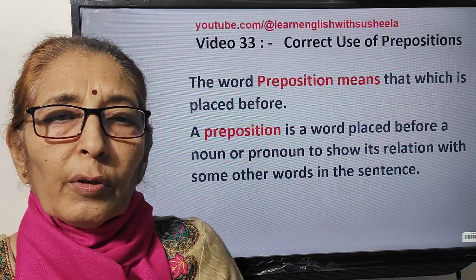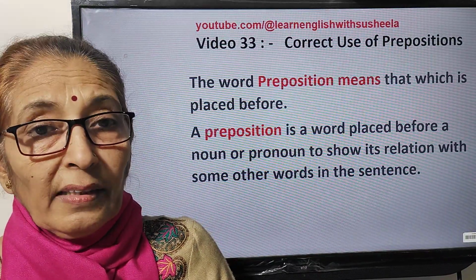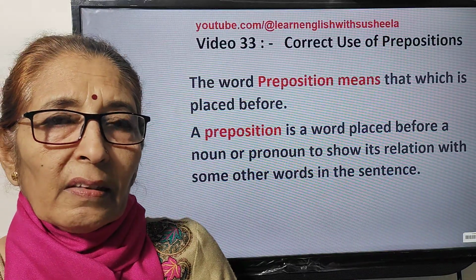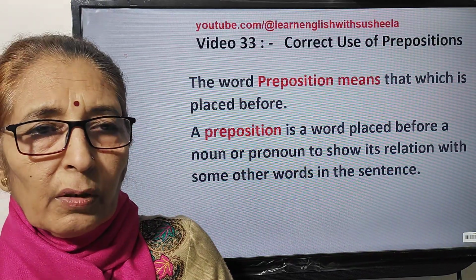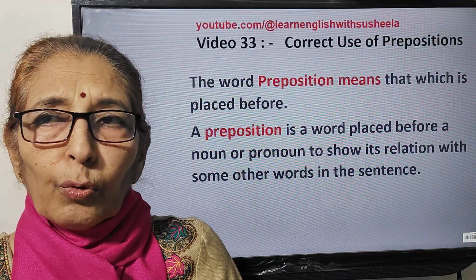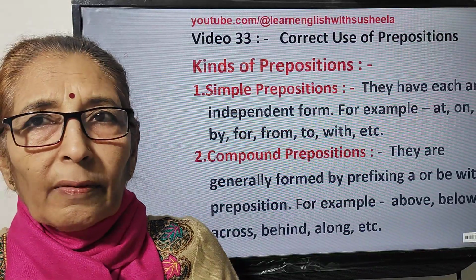Pre means before, position means place. So the word preposition means that which is placed before. In simple words, we can say a preposition is a word placed before a noun or pronoun to show its relation with some other words in the sentence.